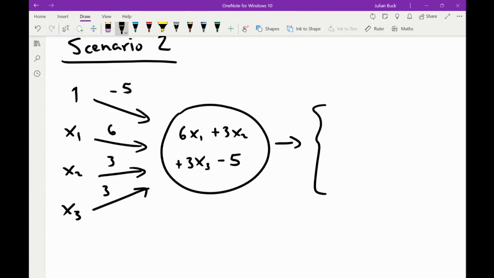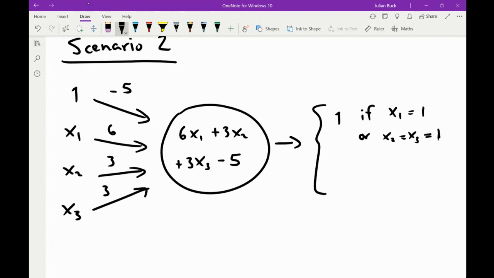And how will this output? It'll be easier to just write this in the other way. So it outputs a 1 if x1 equals 1, or x2 and x3 both equal 1.